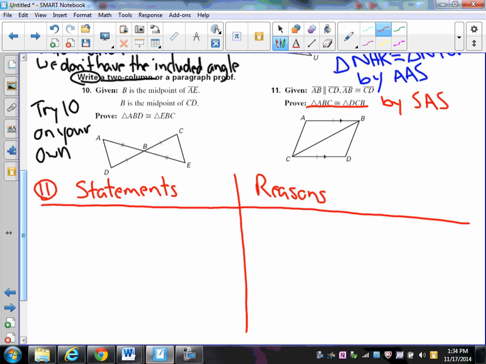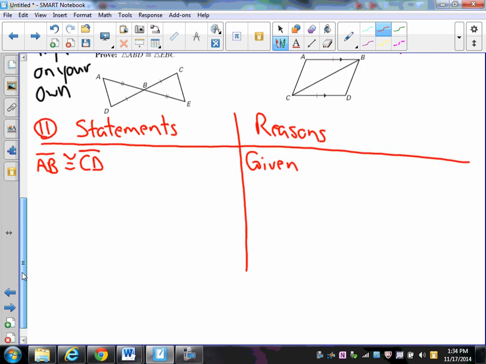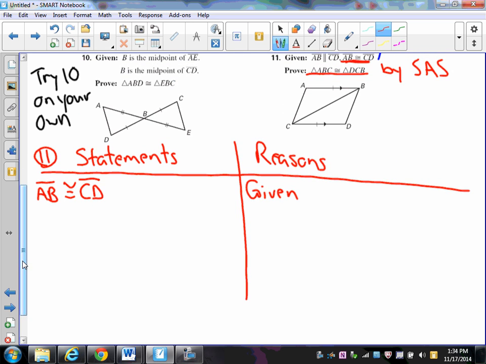So we'll start off with our first side. We're going to say segment AB is congruent to segment CD, and that's given information. There it is up there. It's given information. The other side that we have that's in common is segment CB is congruent to segment BC by the reflexive property.